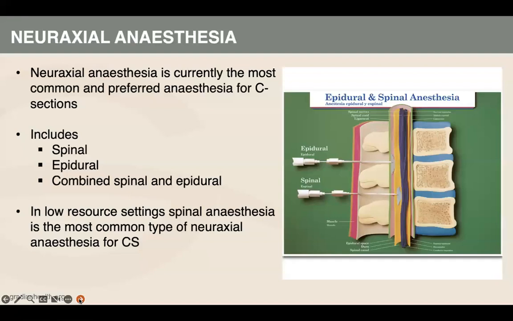So neuraxial anesthesia, as I've said, is currently the advocated modality, and it includes provision of anesthesia via a spinal, or subarachnoid block, or epidural block, or a technique that combines the two.